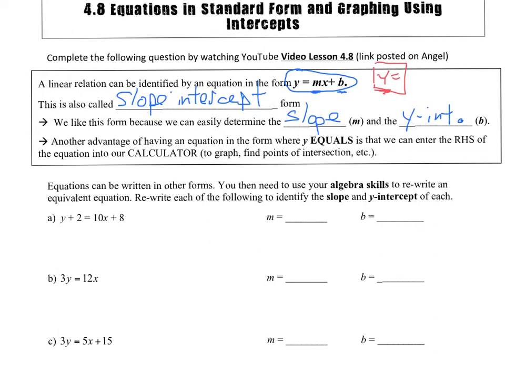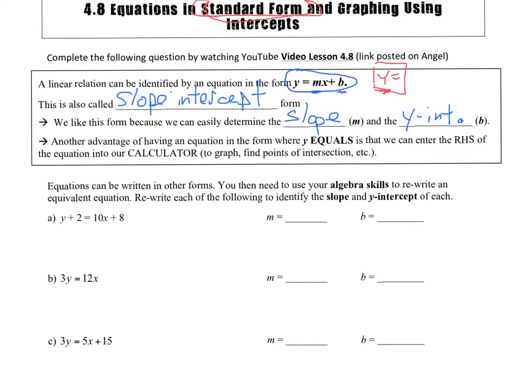However, there are other ways to write the line, and we're going to look at that. It may be hard to see why we do this, but in grade 10, you're going to find out that it's very helpful for other reasons to be able to write a line in what we call standard form. You're going to get lines that are in this form.